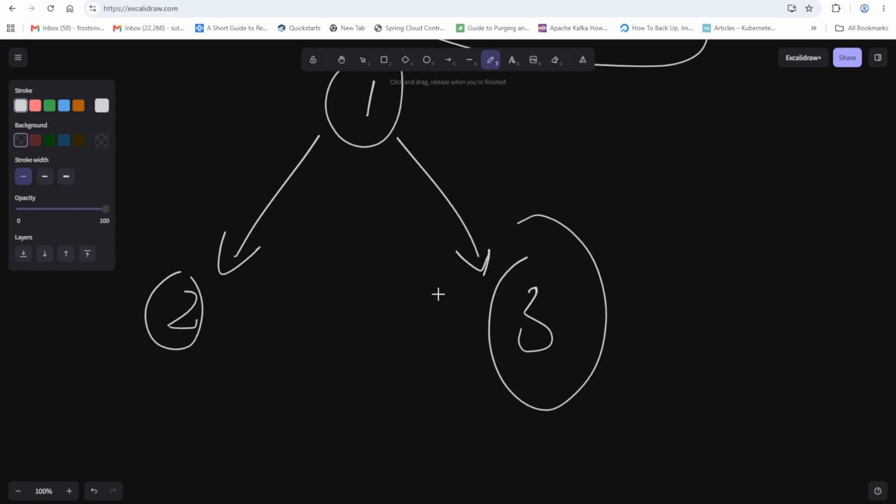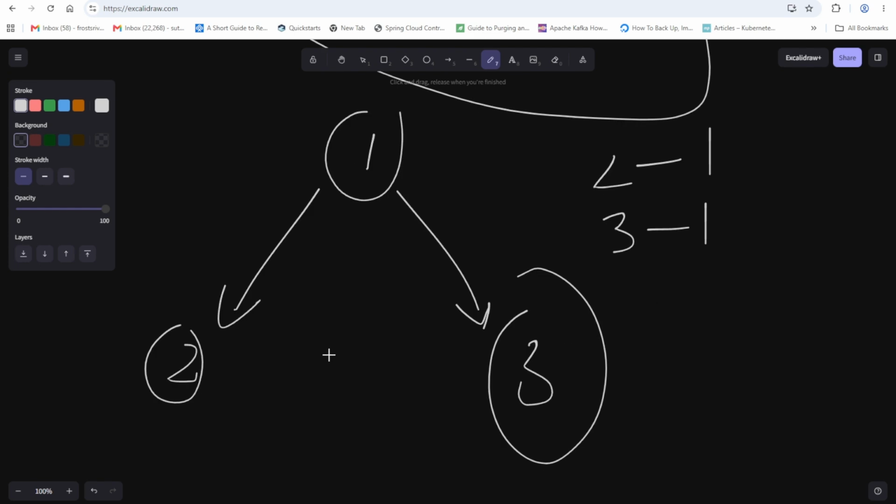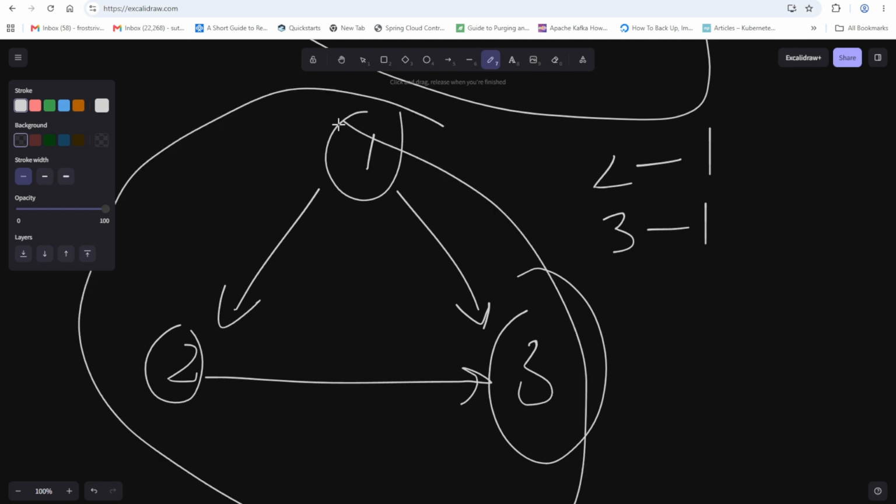Now we can see still the ultimate parent of 2 is 1 and the ultimate parent of 3 is also 1. But if we see the last edge, 2 to 3, though the ultimate parents of 2 and 3 are the same, we still do not see a cycle, right? It's coming here and it's coming here.